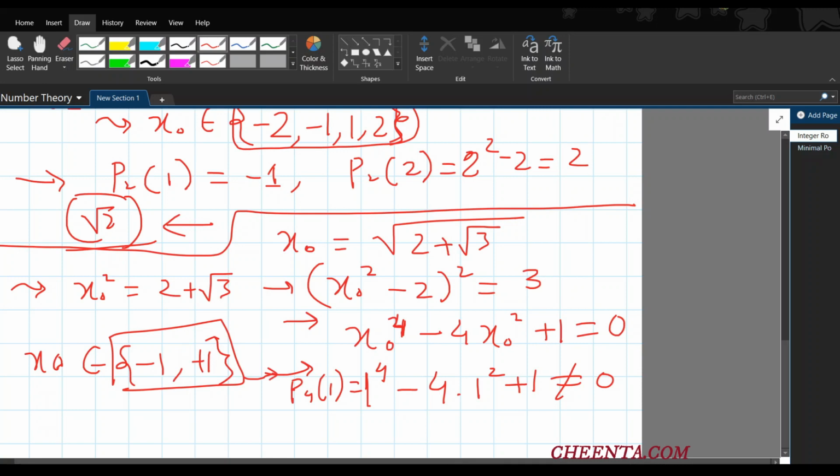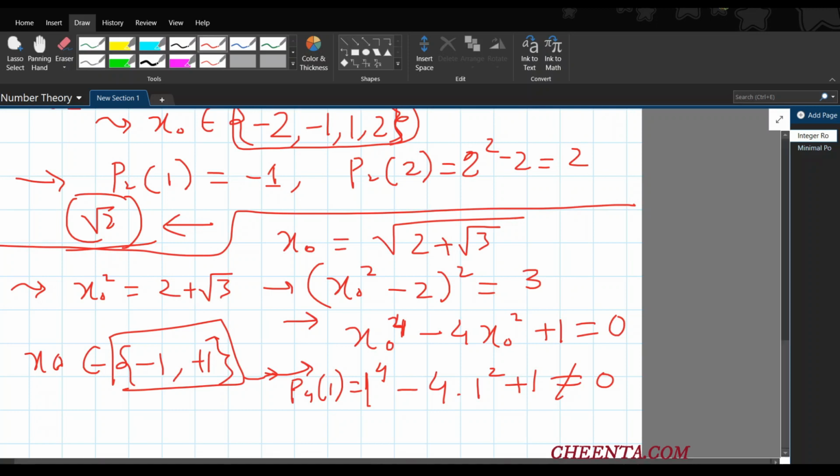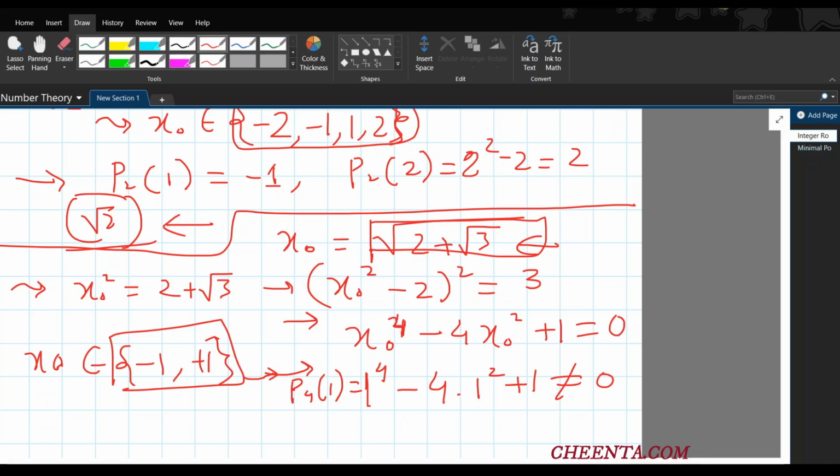That means the real solutions of this equation are irrational numbers by the integer root theorem, and we know one of the solutions is this one. So this number is an irrational number. You see how easy it is to prove whether a number is irrational or not using this method. You can extend the idea to rational numbers too using the rational root theorem, but I will leave that to you guys.